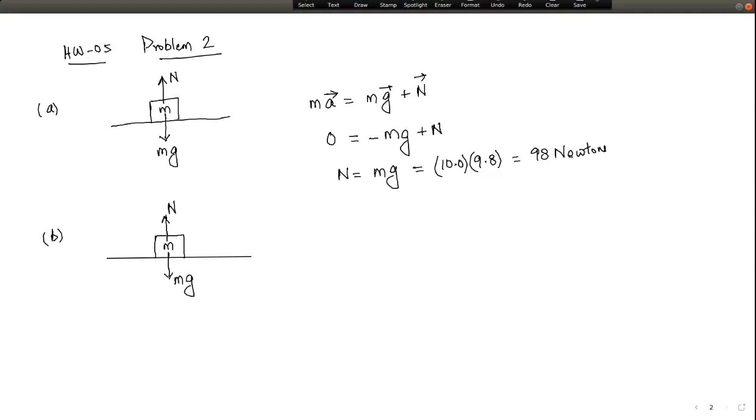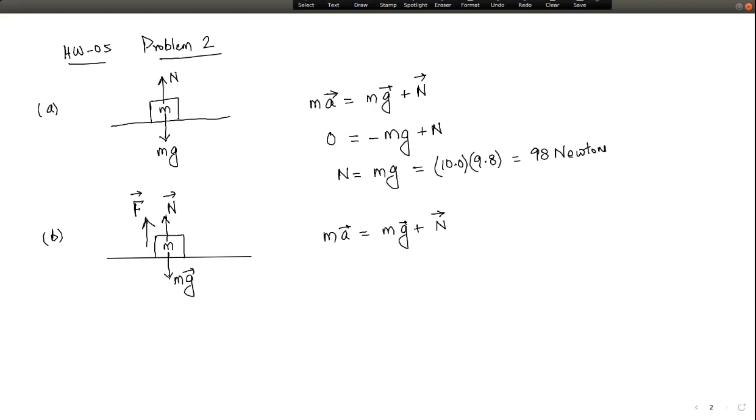In addition, now we have a pulling force, let's call that F. So a force F is pulling the mass up. These are vectors if you want. And we have ma is equal to mg plus the normal force.